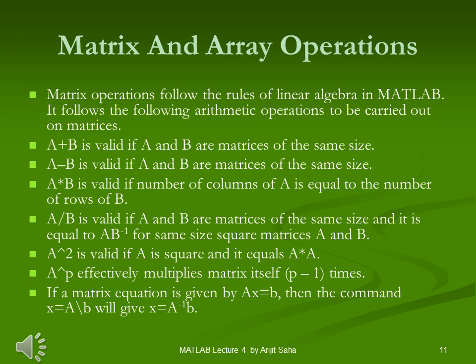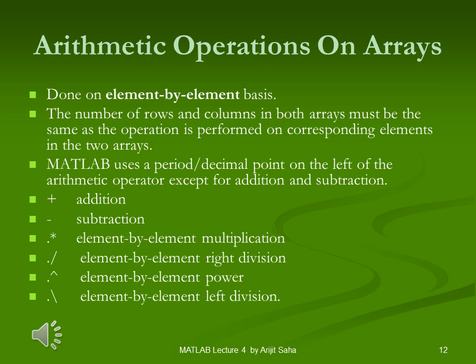If a matrix equation is given by Ax equal to B, then the command x equal to A left division B will give x equal to A inverse B. Some arithmetic operations on arrays are done on an element by element basis. This is a very common mistake when we are dealing with Matlab multiplication, division or exponentiation, because everything in Matlab is dealt with in matrix notation.